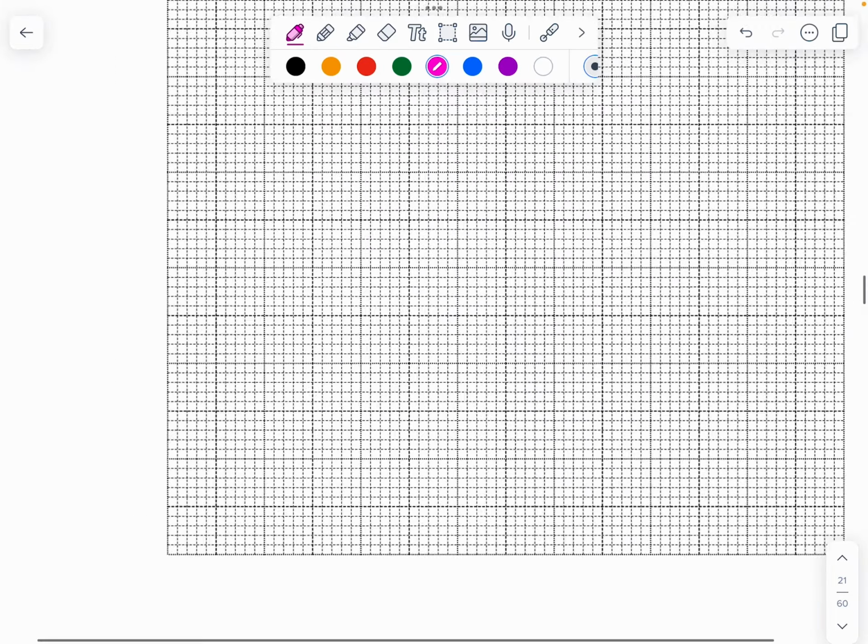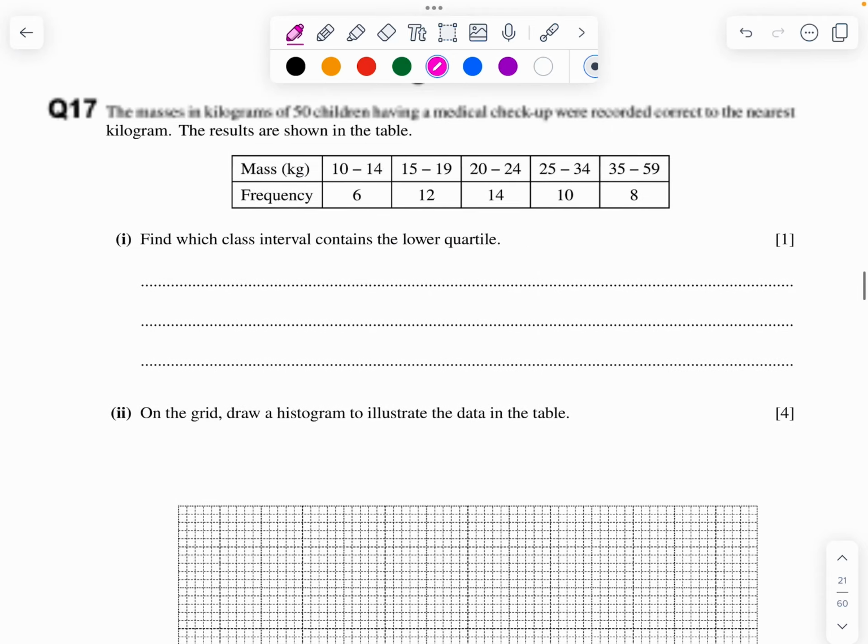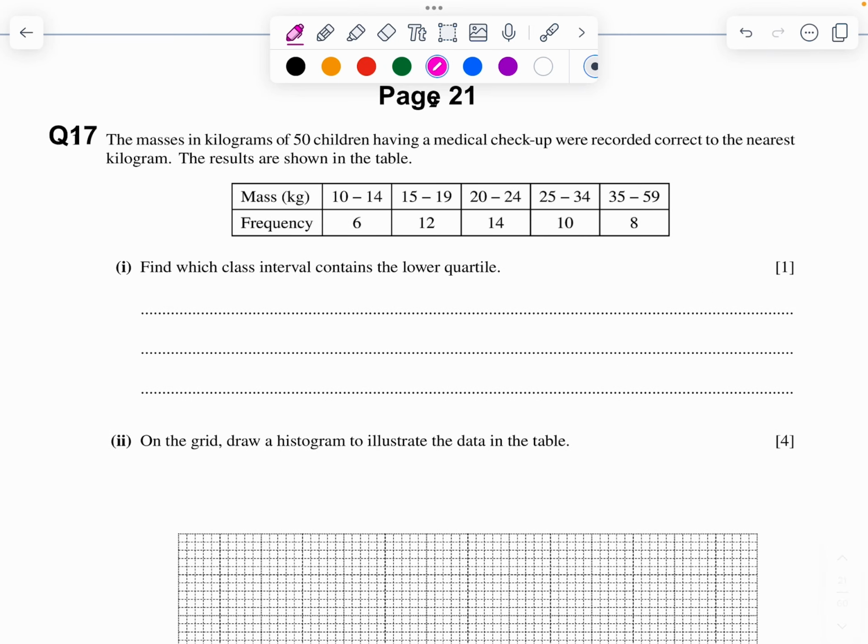May-June 2018, question paper 63. What is being asked? Find which class interval the lower quartile lies in. So how many people are there? There are 50 people. For finding the lower quartile, 50 divided by 4 is 12.5.